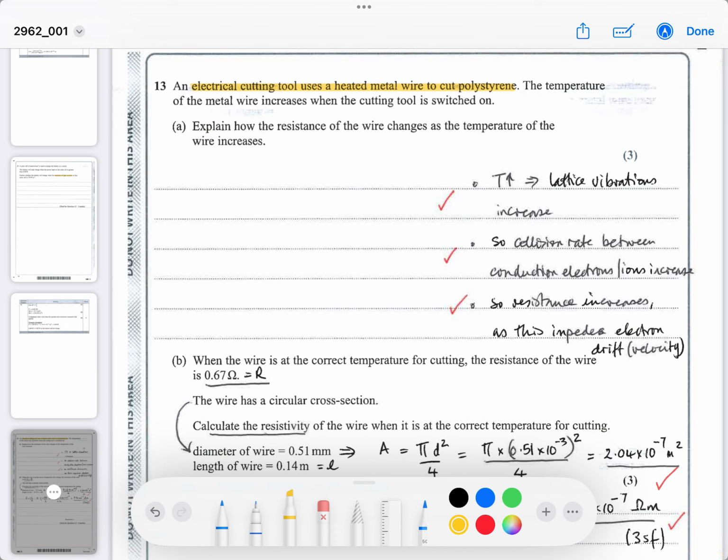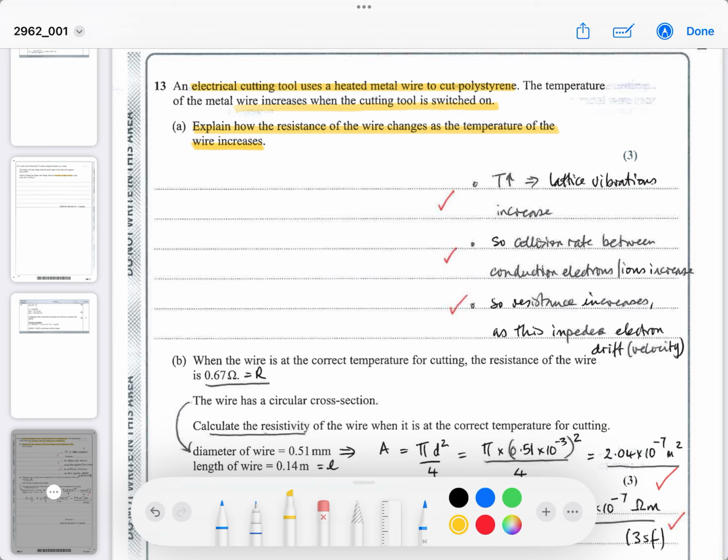You basically had a battery which would heat up the thin bit of wire, copper wire, and you could just make shapes out of the polystyrene. Okay. The temperature of the wire increases when the cutting tool is switched on, just like I just explained. Explain how the resistance of the wire changes as the temperature of the wire increases.